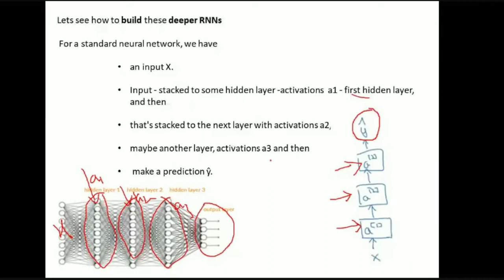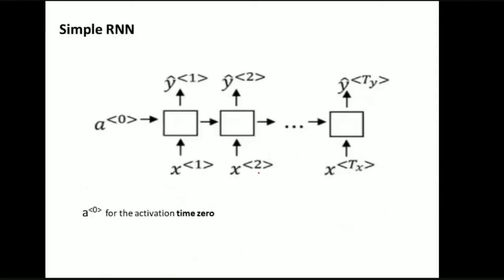Now, if you remember our discussion about simple RNN, we used to have a sequence of inputs x1, x2, and so on up to xtx. At time step t1 we have an input x1, at time step t2 we have an input x2, and so on, and at time step tx we have input xtx, right?